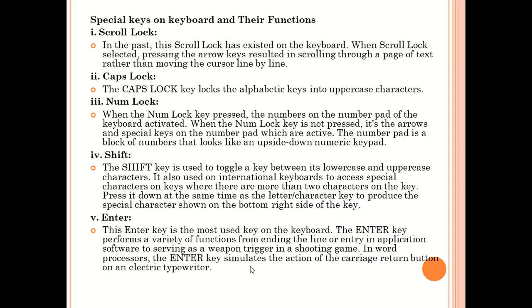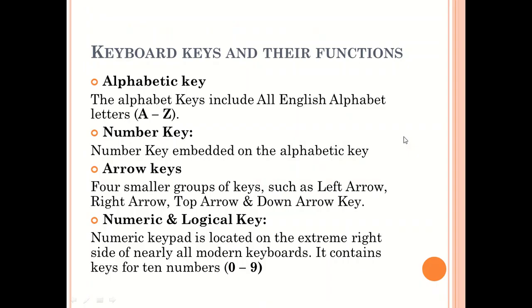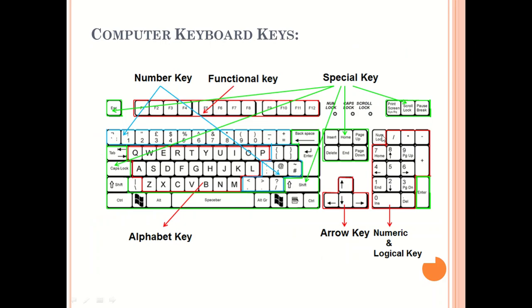Numlock is mainly used to lock the part that has the numerics. For example, if I go back to my keyboard here, I can show you the numlock. So this is the numlock, and this is our numeric keypad.